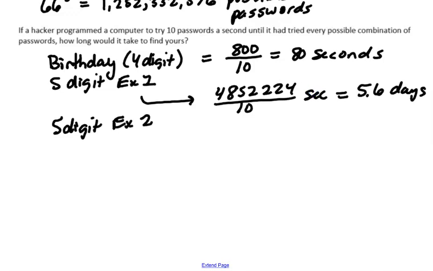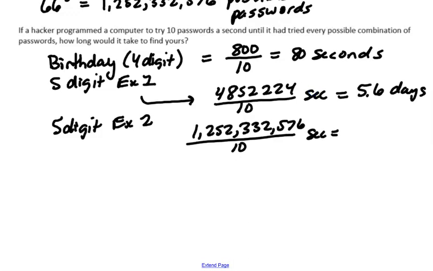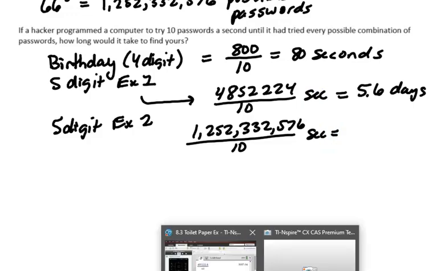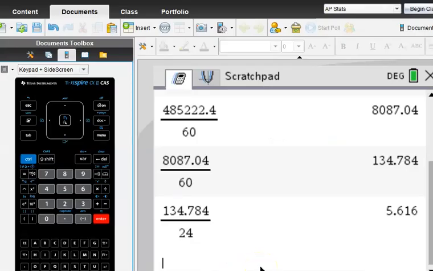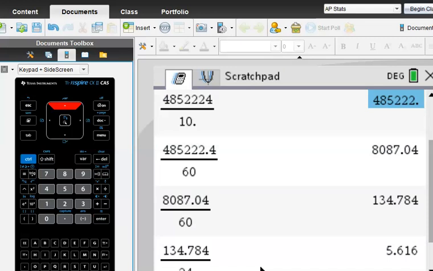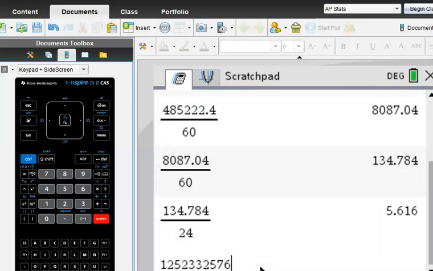If we look at the 5-digit example 2, that was the one that was 1,252,332,576. If we divide that by 10, that would be how many seconds it would take. So let's put that into days. Let's see how long this would take. I'm going to go up to my previous number here, and let's divide this by 10.